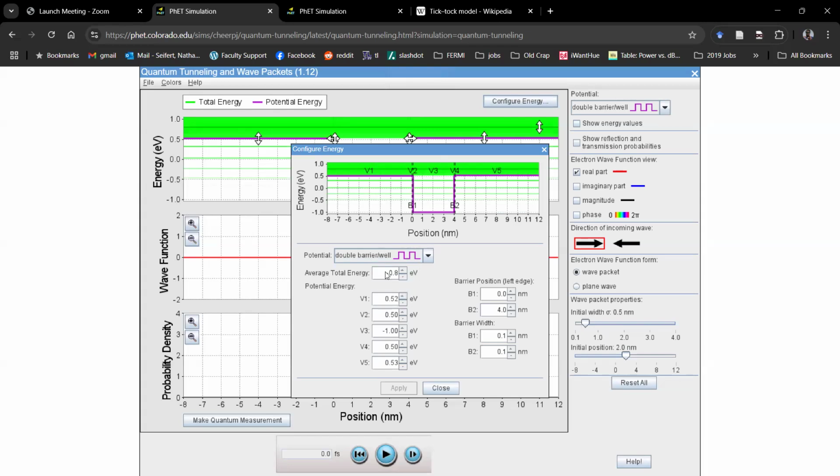Does it let me do that? Why is that not working? Let me just bring it down. Okay, so I'm going to make the electron quite cold relative to my box.